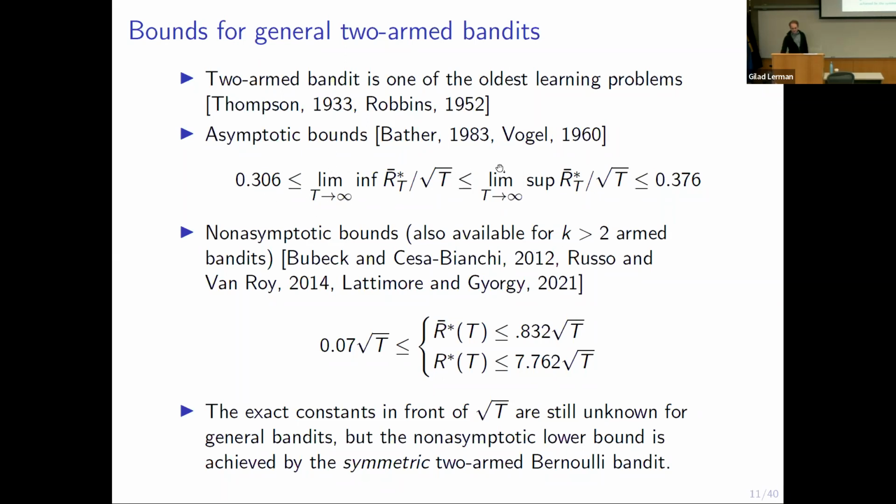The precise constant is not known, but it was relatively early known what the bounds are, by picking specific policies for the adversary and specific policies for the player. It was possible to bound the pseudo regret.